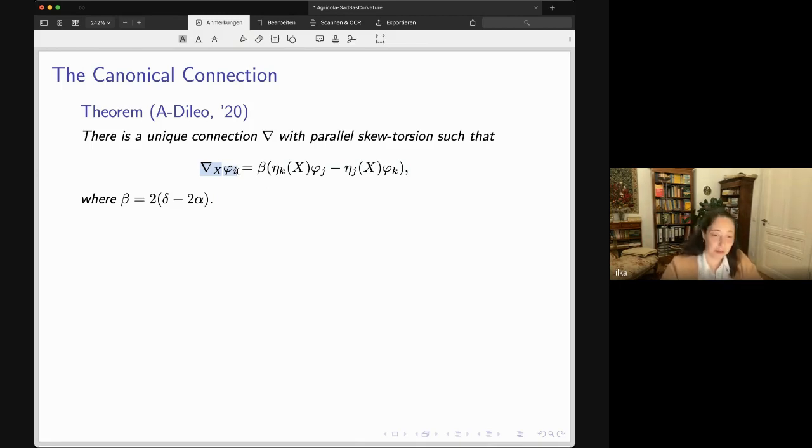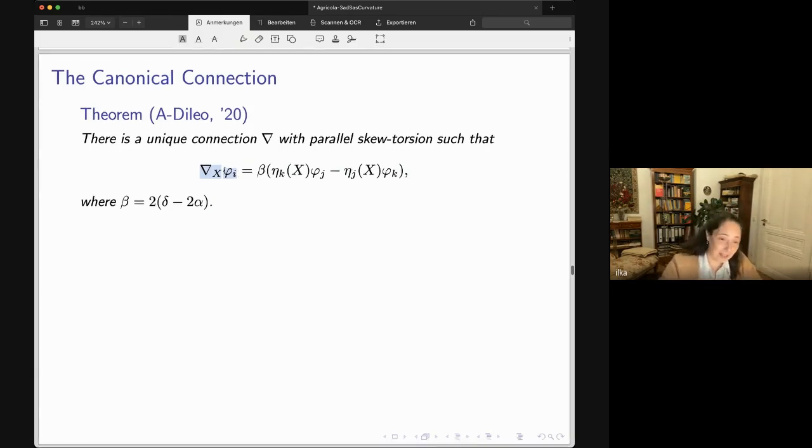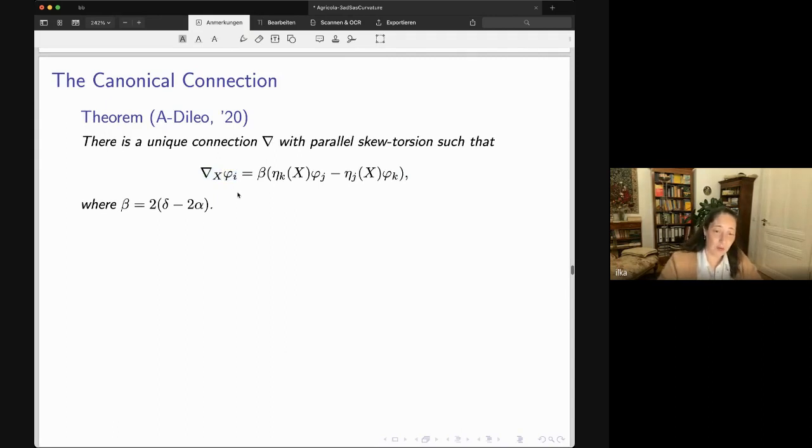This is what you would like to have, but it's unfortunately not possible, right? For reasons explained. But it is possible at least that the derivative of phi_i will again be a linear combination of the phi_i's. This is what it means geometrically.